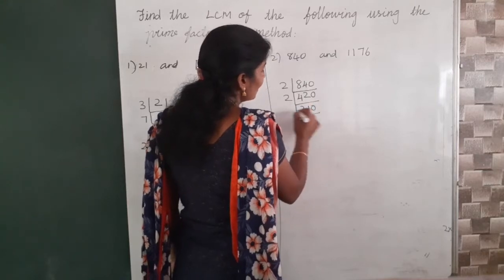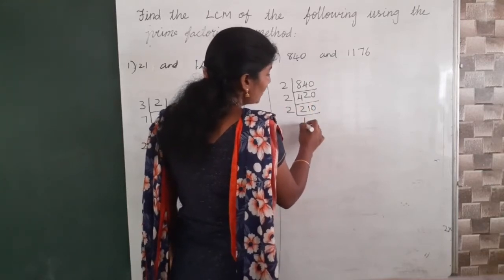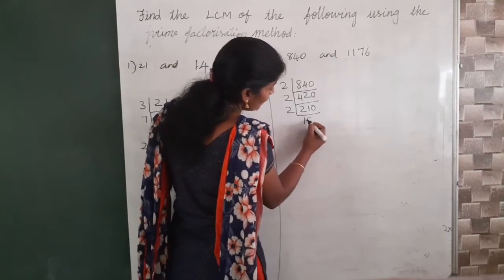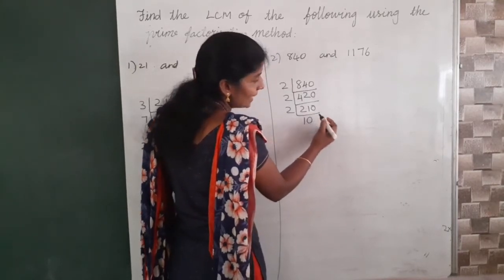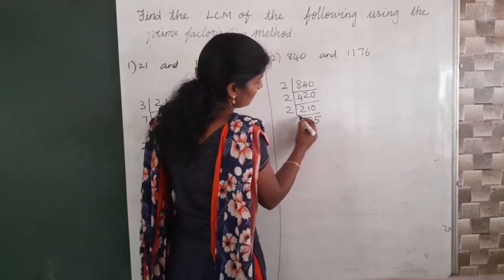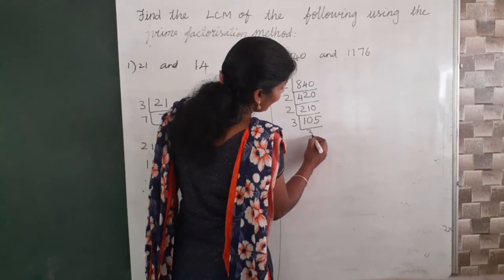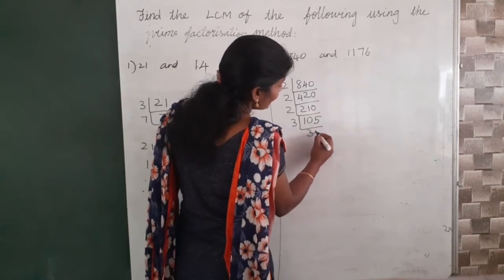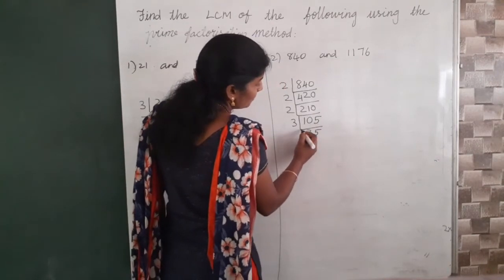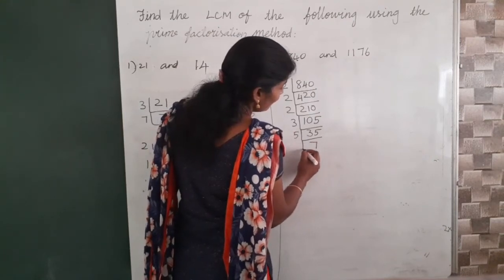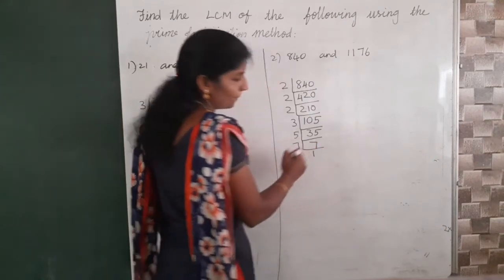Again this is even, so we take 2 table. 1 2 is 2, and this 1 is not in the 2 table, so we put 1 0. Then we take together 10, 5 2s are 10. Now 3 table, 3 3s are 9, 1 balance, 5 3s are 15. Now 5 table, 7 5s are 35, 7 table 1.